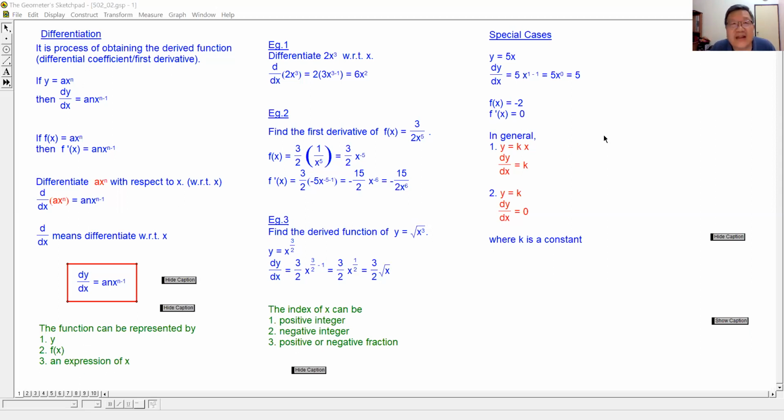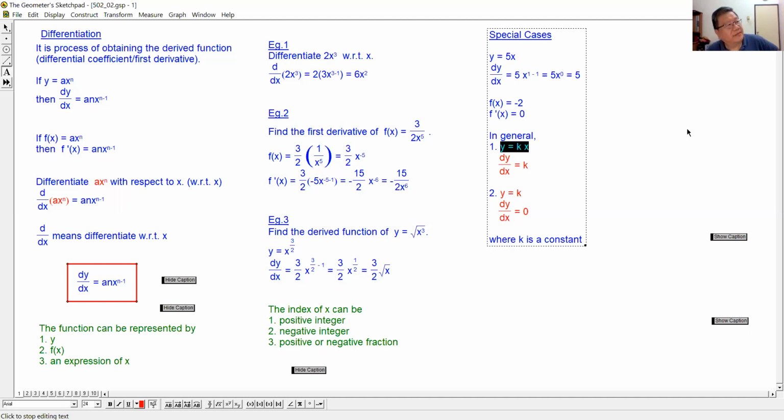You differentiate negative 10x, what do you get? If you differentiate negative 10x, y equals negative 10 x, what is your answer?